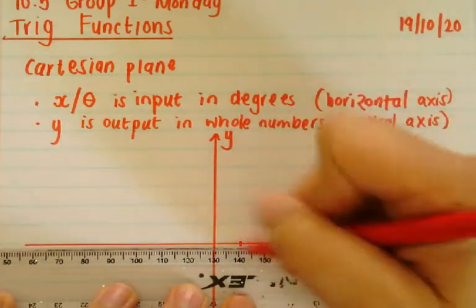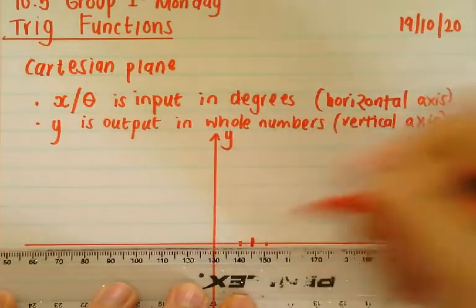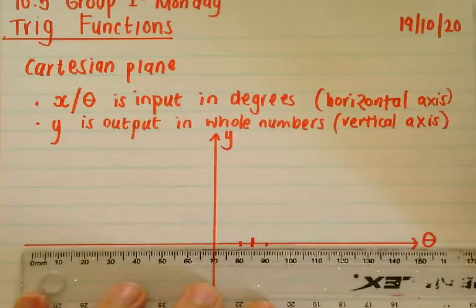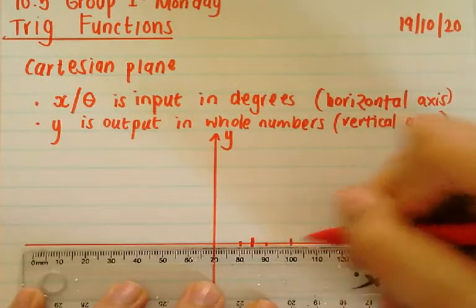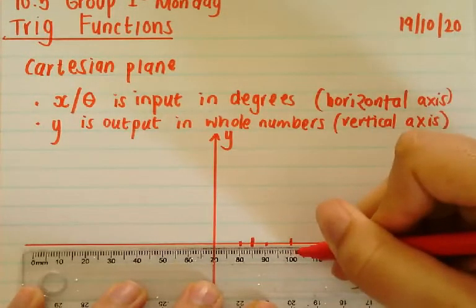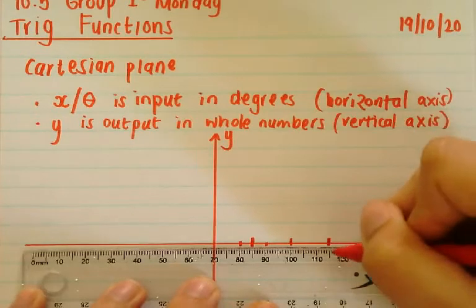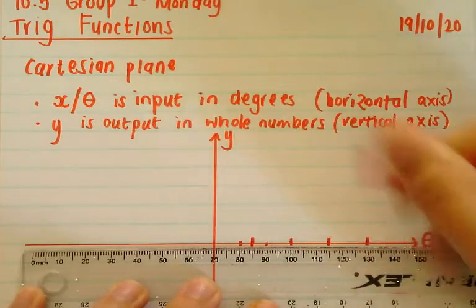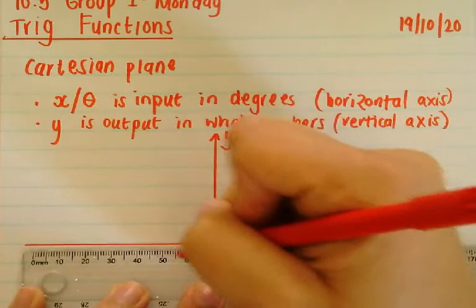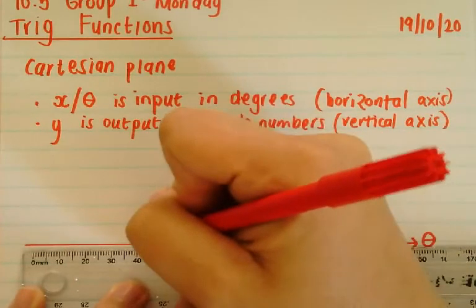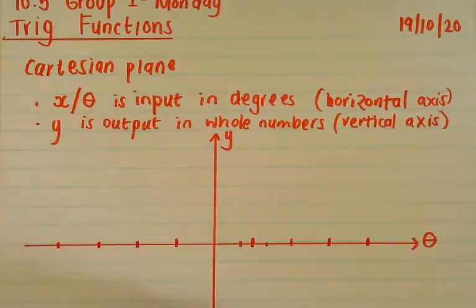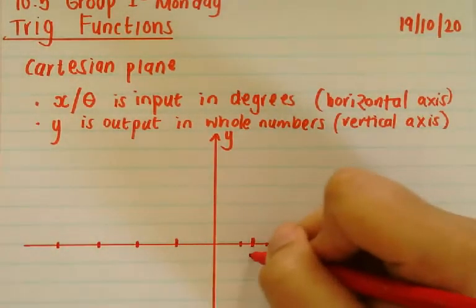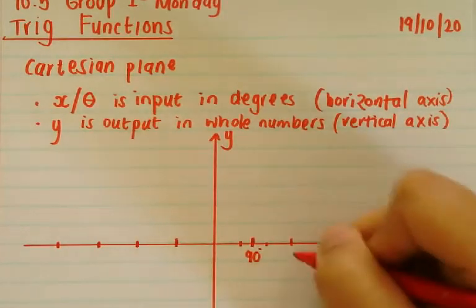I'm going to measure 1.5 centimeters just to make it a little bit bigger. Okay, so I just made it a little bit bigger, so those little lines, just ignore them. But it is 90 degrees.